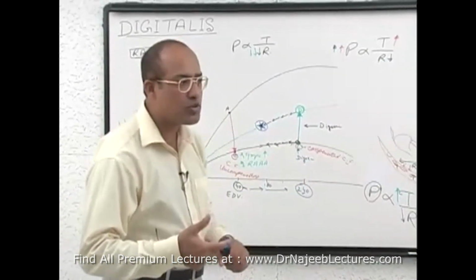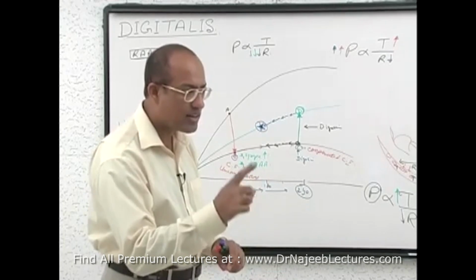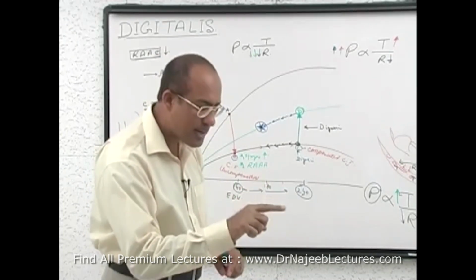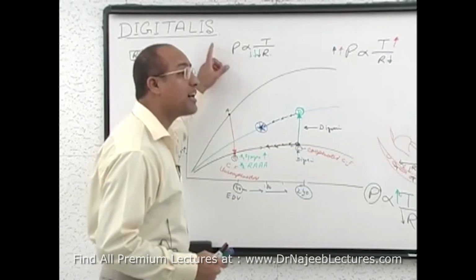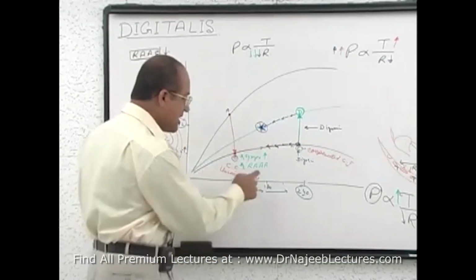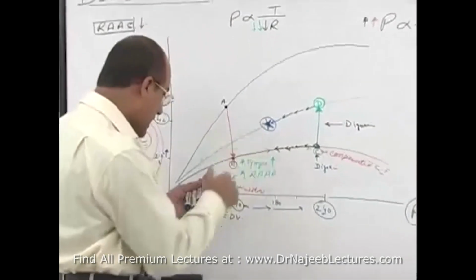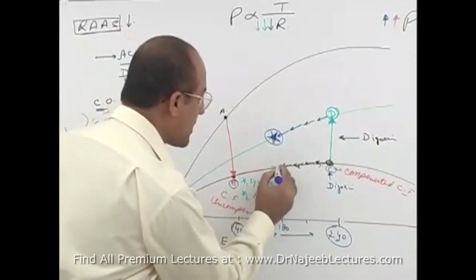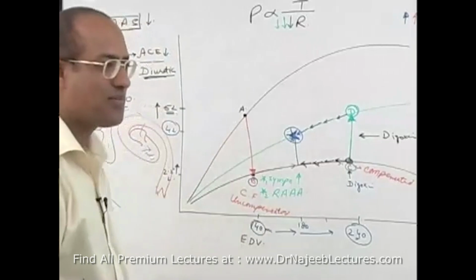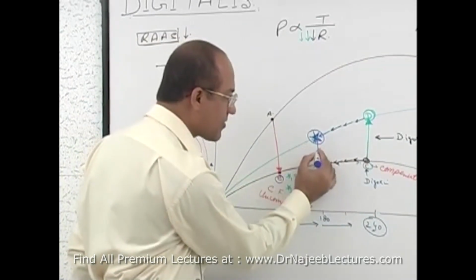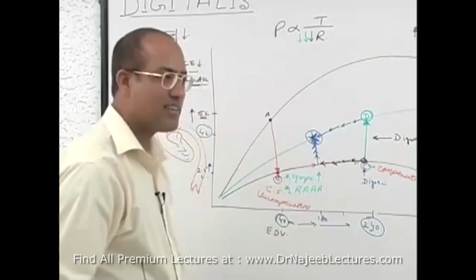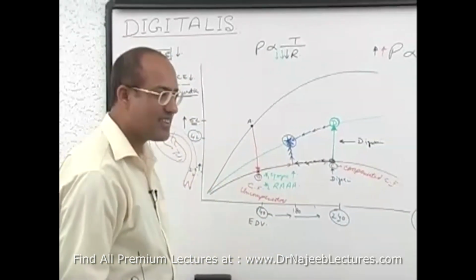When arterioles relax, the same pressure will produce more cardiac output, and at the same end diastolic volume, cardiac output will be more, and it will jump like this. We reach the same point.